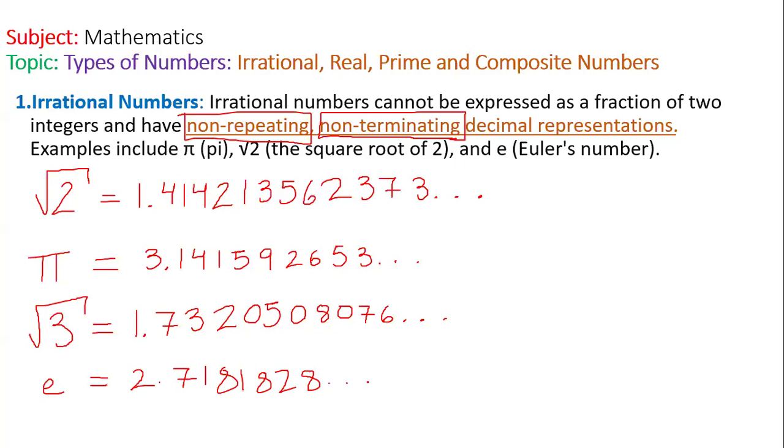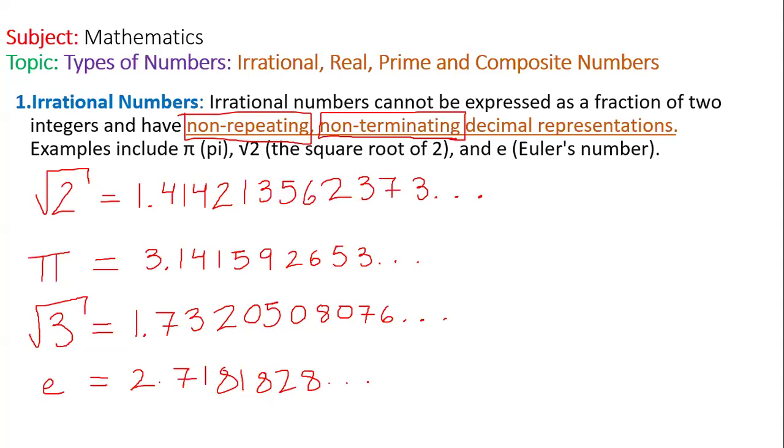These are irrational numbers. Why? Because they never end and they never repeat themselves. Does that make sense? They never end and they do not repeat. That's what we mean by irrational numbers. Do you all understand that? Yes, sir.